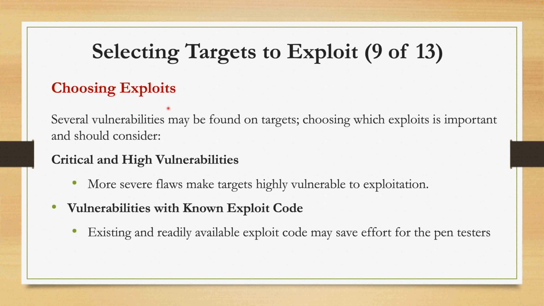And obviously, when choosing an exploit, each attacker will focus on the most critical and high vulnerabilities, the ones in red, if you recall the screenshot taken from Nessus, and of course the vulnerabilities with available exploit code, and this basically will save effort for the pen tester.